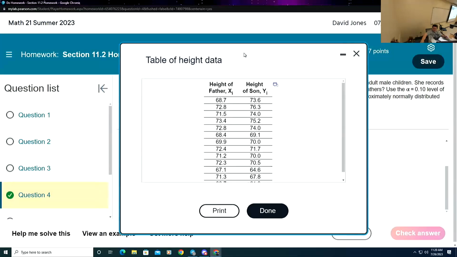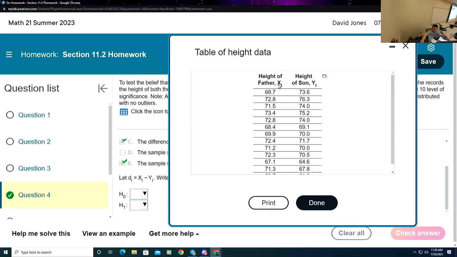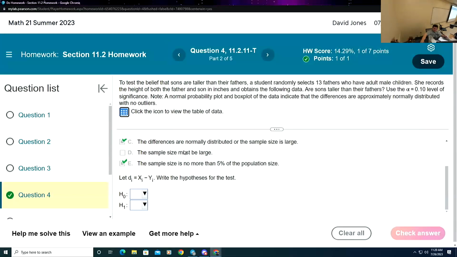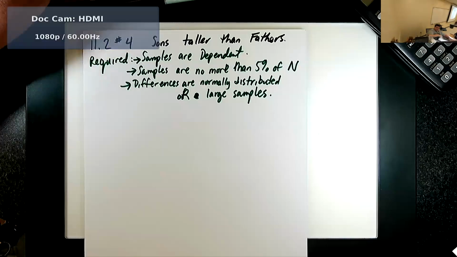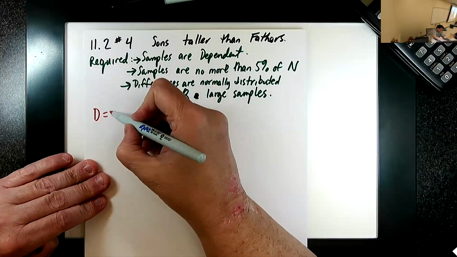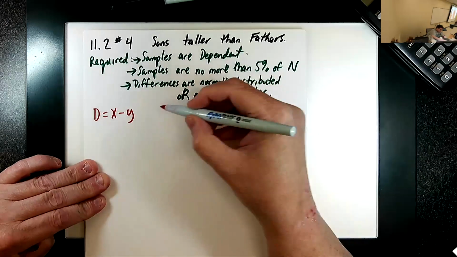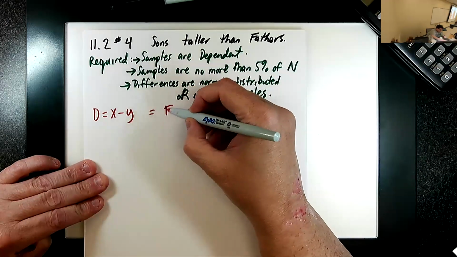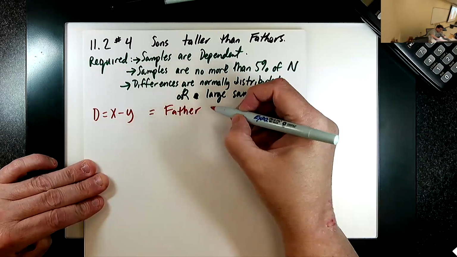The data table is father is X and son is Y, and they're doing X minus Y. I'm going to write that down. So they say D equals X minus Y. And in the data, that is father minus son.